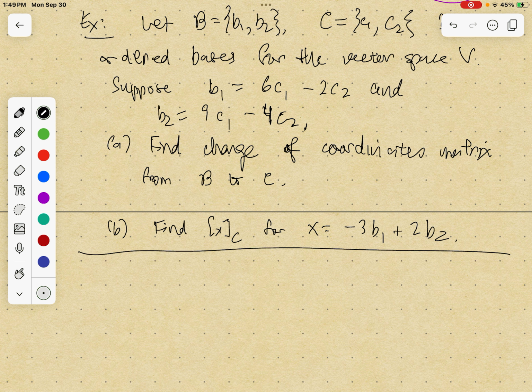So for part A, remember the change of coordinates matrix from B to C. My basis is B1, B2, and I want it relative to C1 and C2.